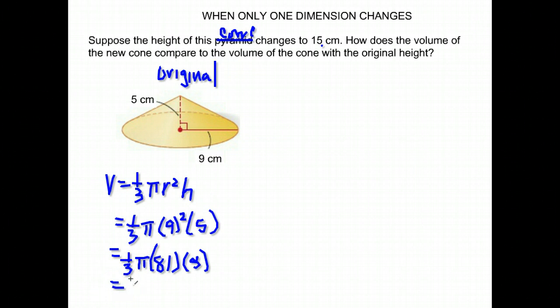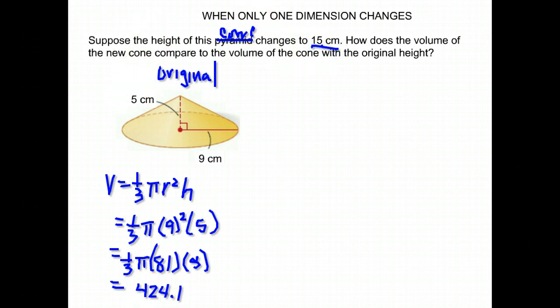Okay, so this is the volume of our original figure before we make any changes. Pi times 81 times 5, and then divide by 3 gives me 424.1 approximately.